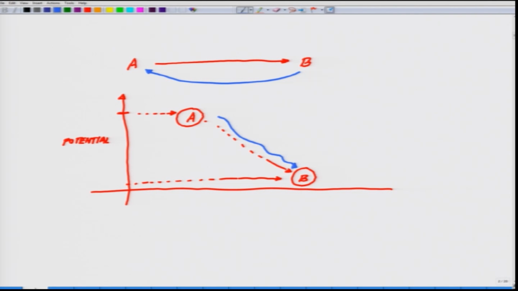Now, what determines this different potential? This is the inherent property of nature, where different materials are sitting at different potential, or in other words, this is also called the work function of that particular component.